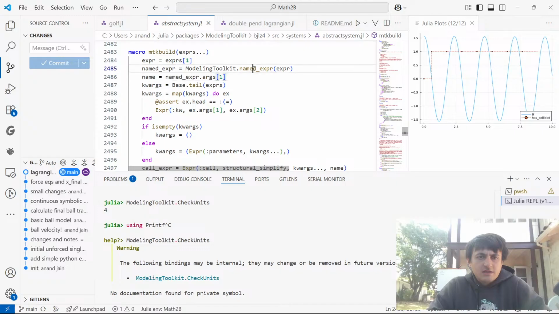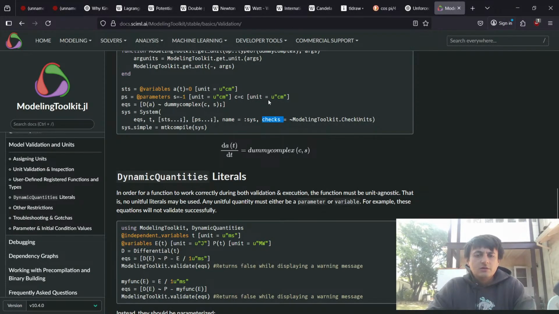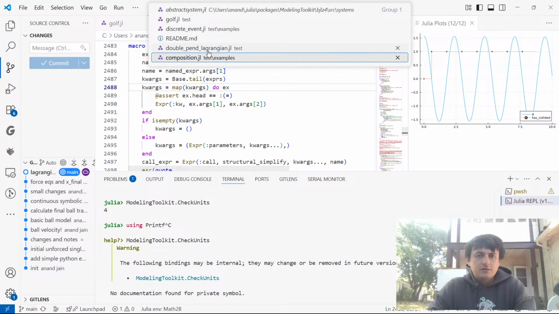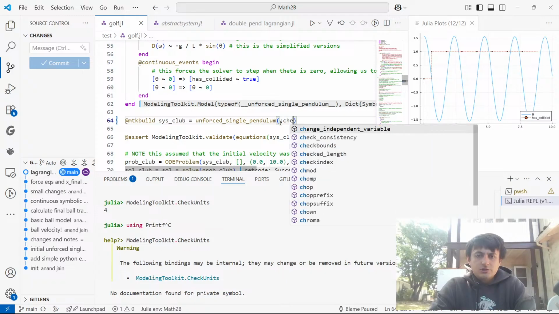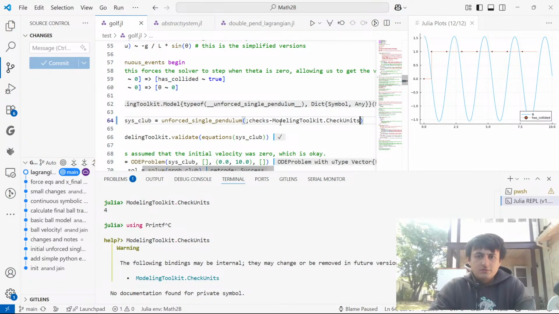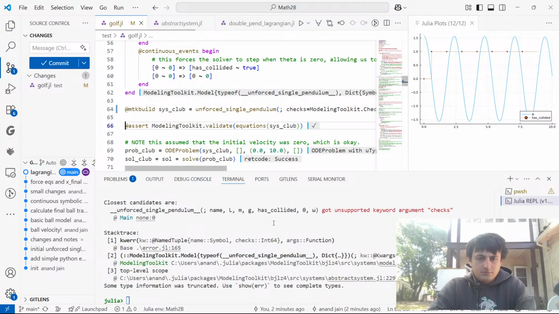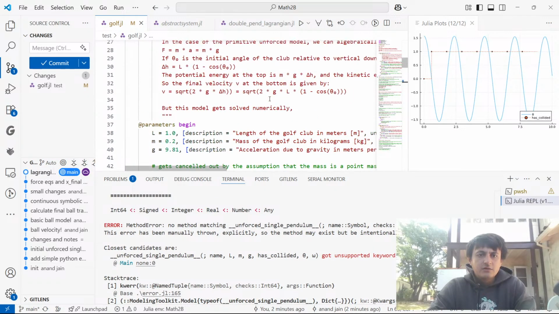So this is the... So wait, we should be able to do kwargs then, right? So we should be able to go checks equals... Nah, because see, that's the thing, though.